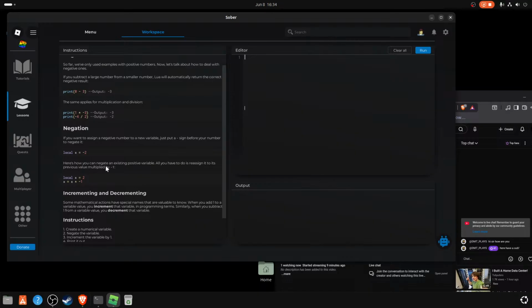Here's how you can negate an existing positive variable. All you have to do is reassign it to its previous value multiplied by -1. Yeah, sure, okay.